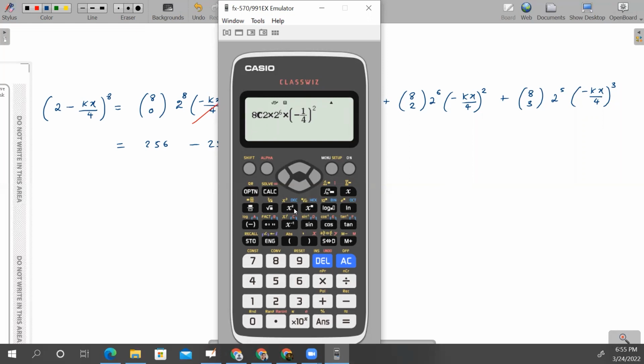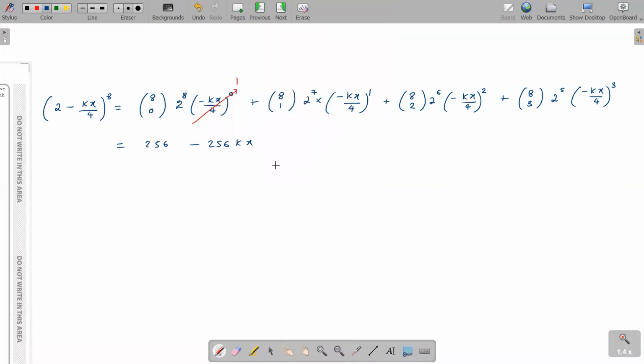So can you see the way I'm typing it in the calculator? Be careful about the way you type. We can't give the k and x, we'll give minus 1 on top over 4, whole thing squared. Is this clear? So what do we get here? 112. And what's the letter here? The letter value is k squared x squared. Okay, 112 k squared x squared.